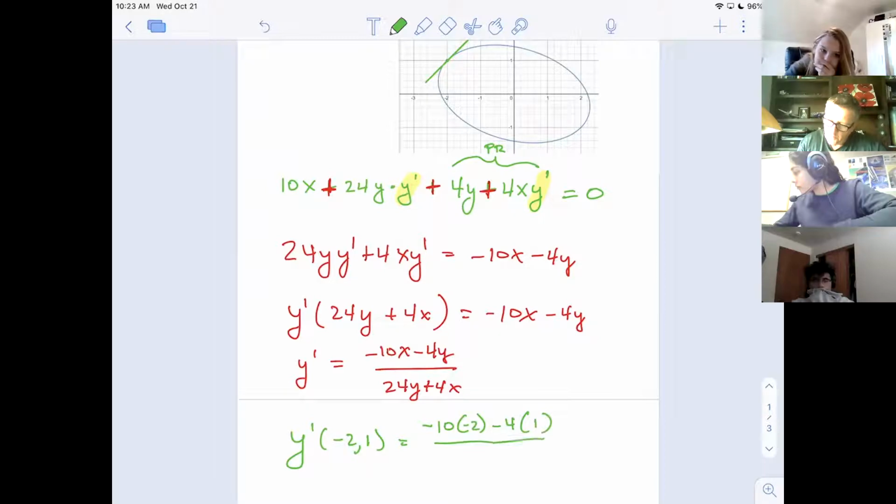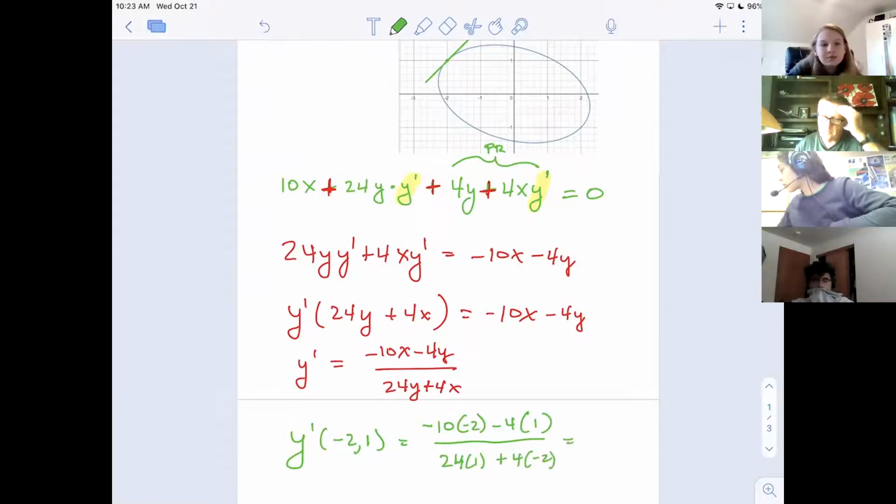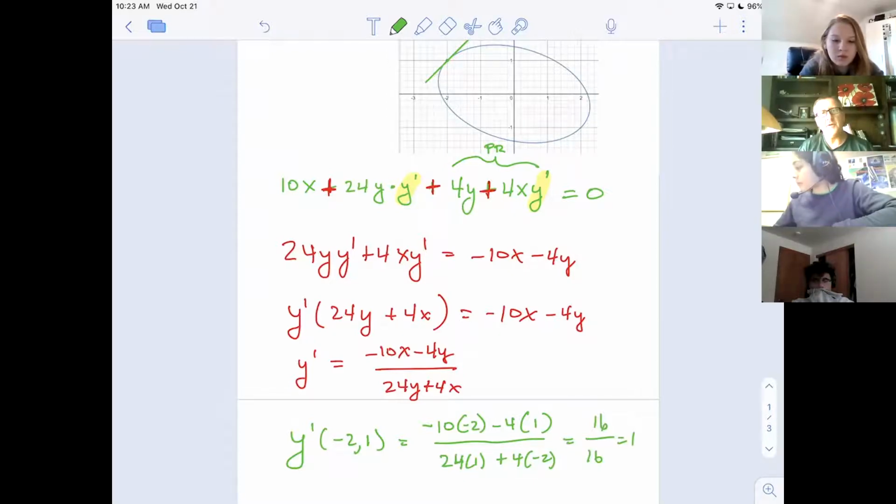Y is 1. So over 24 times y, which is 24 times 1, plus 4 times x, which is -2. So I get 20 on the top minus 4. So 20 minus 4, I think, is 16. And then 24 minus 8, also 16. So yeah, if you said 1, I think you're right. And that does agree with the graph. And so now I'm reasonably sure that I got it.